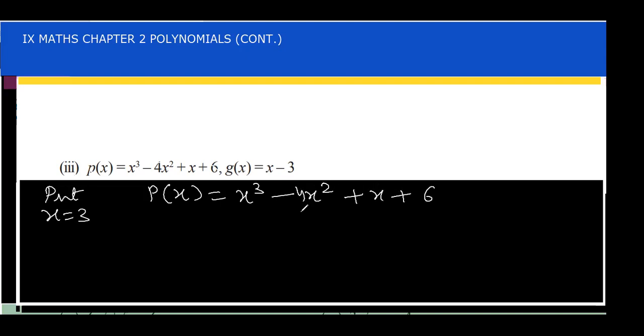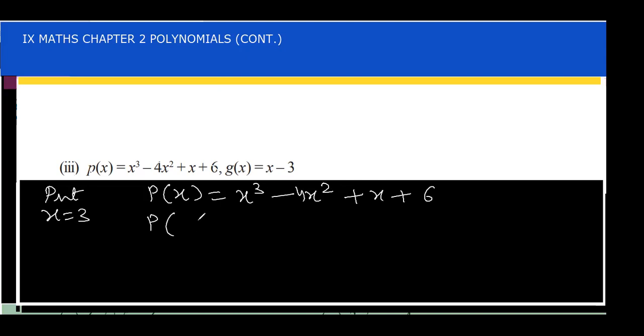फैक्टर थ्योरम से बताइए कि x माइनस 3 इज अ फैक्टर ऑफ x cube minus 4x square plus x plus 6, yes या no, क्या ये इसका फैक्टर है? और उसके लिए देखिए ये x minus 3 है तो x की जगह पुट करेंगे, x is equal to 3. The polynomial px is given x power 3 minus 4x square plus x plus 6.